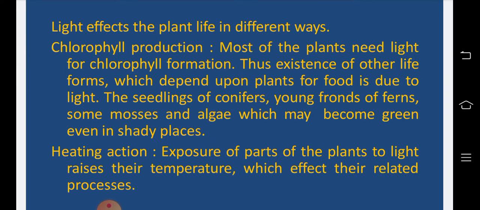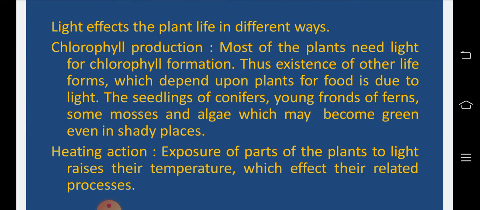Thus, the existence of other life forms which depend upon plants for food is due to light. So, directly or indirectly, all the organisms depend on light. The seedlings of conifers, young plants of ferns, some mosses and algae may become green even in shady places.